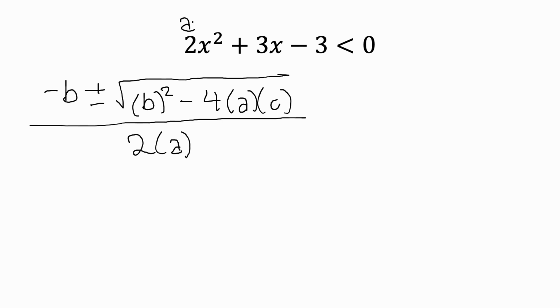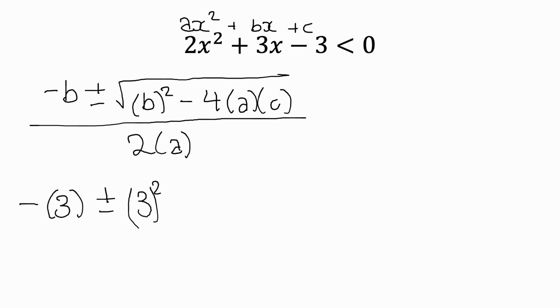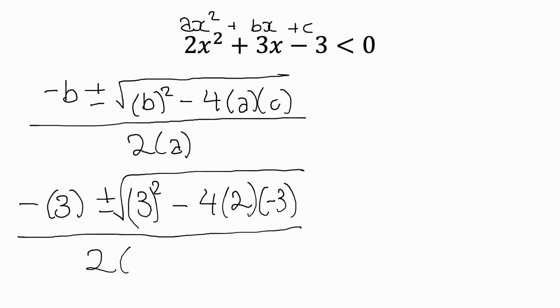The number next to our x squared is our a, the number next to our x is our b, and the number left over is our c. So we have minus 3 plus or minus the square root of 3 squared minus 4 times 2 times negative 3, over 2 times 2.